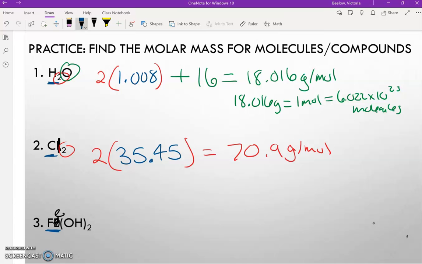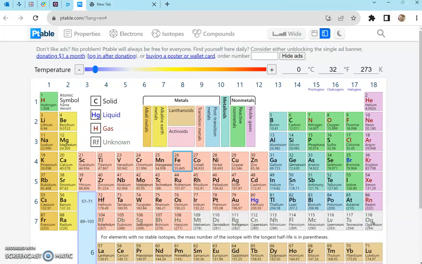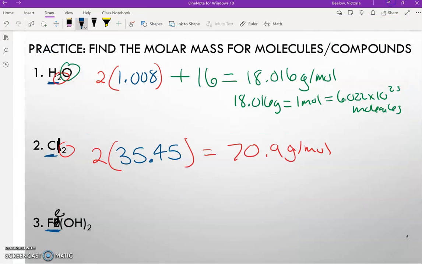If I look at my periodic table, 55.845. Now there's only one iron here, so I don't have to multiply it by anything.